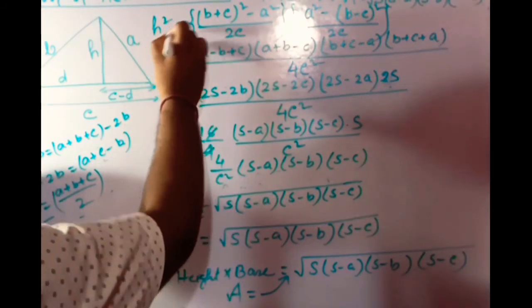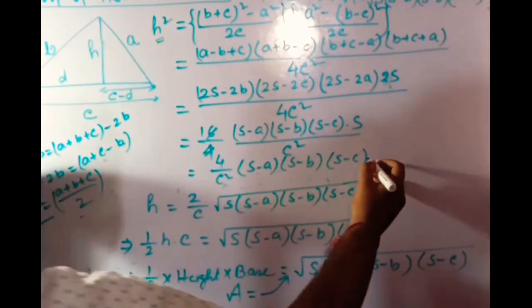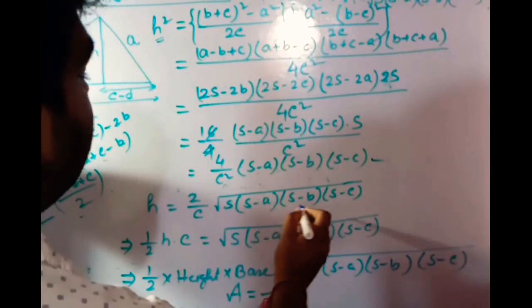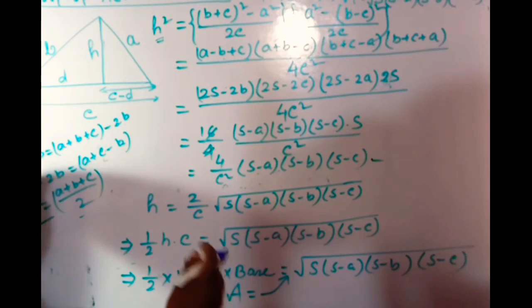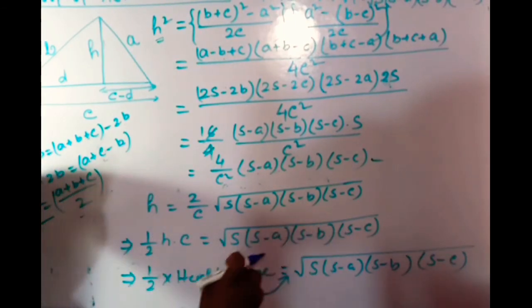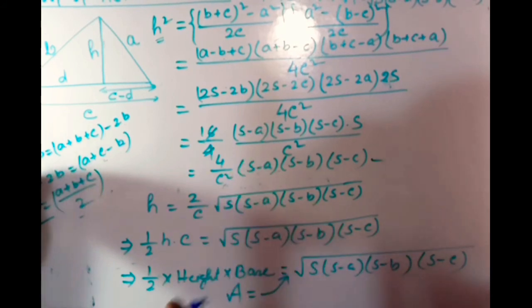Now h square is equal to this value. So h is equal to 2 by c into root under s into s minus a, s minus b, s minus c. By cross multiplying, we are getting half into h into c is equal to root over s into s minus a, s minus b, s minus c.